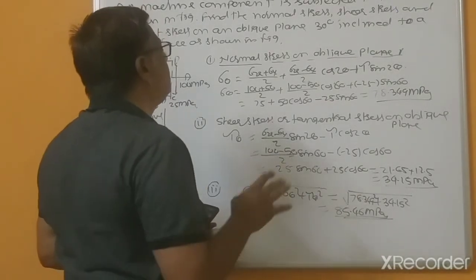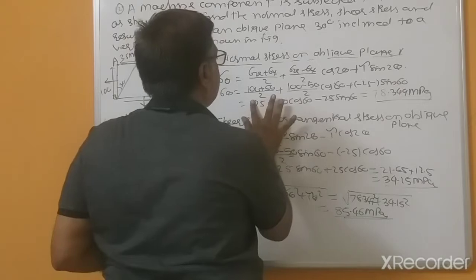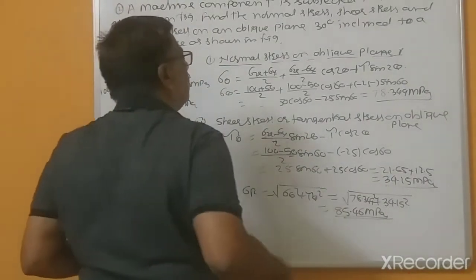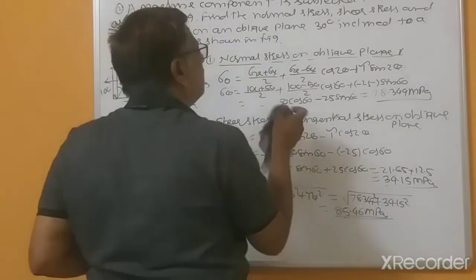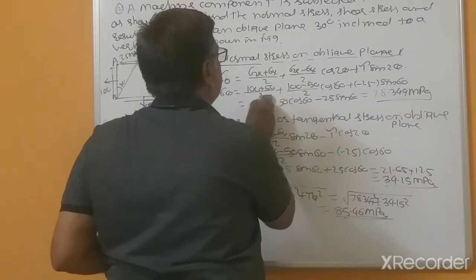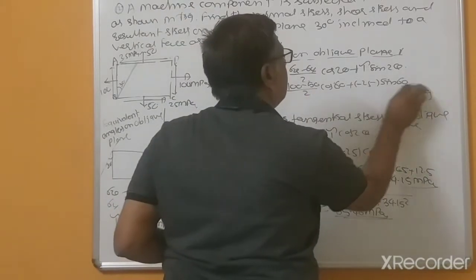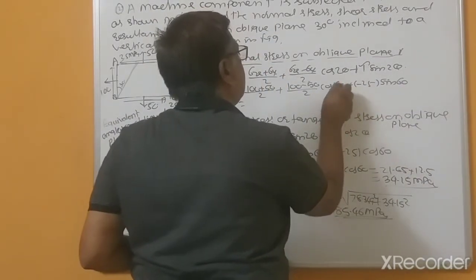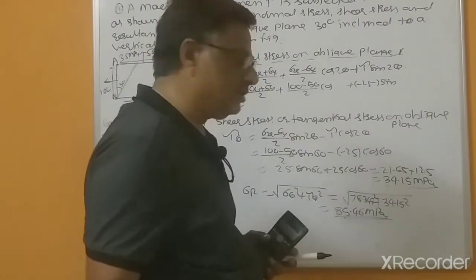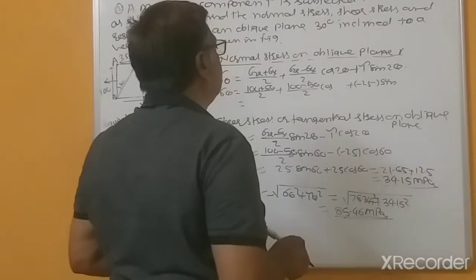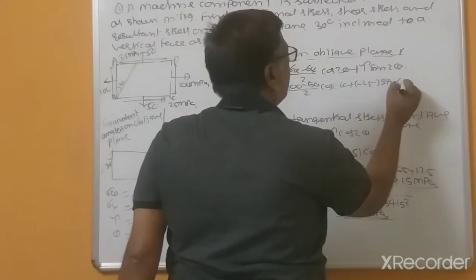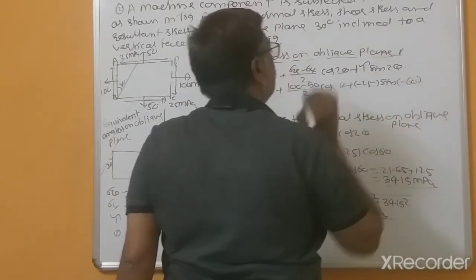So that's why here we have to change only this much data. So instead, minus 60.